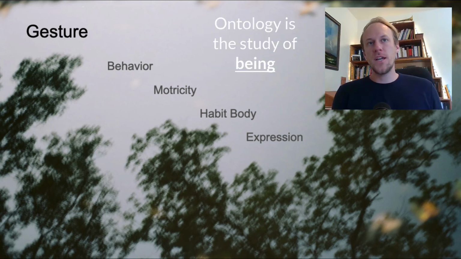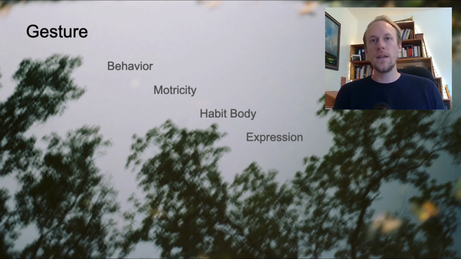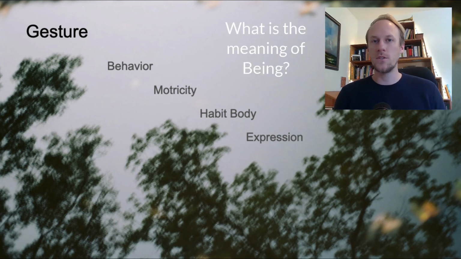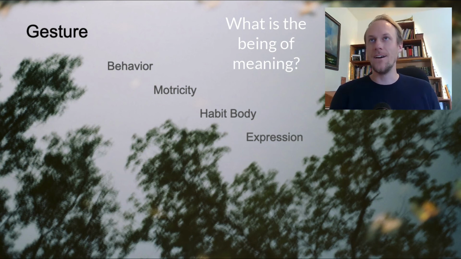And expression, again, as an ontological idea, when I say that Merleau-Ponty has an expressive ontology or an ontology of expression, we can think about that, at least in a provisional sense, as a reversal of the question which Heidegger was concerned with. So Heidegger was concerned with the meaning of being, but Merleau-Ponty flips this and wants to investigate the being of meaning.